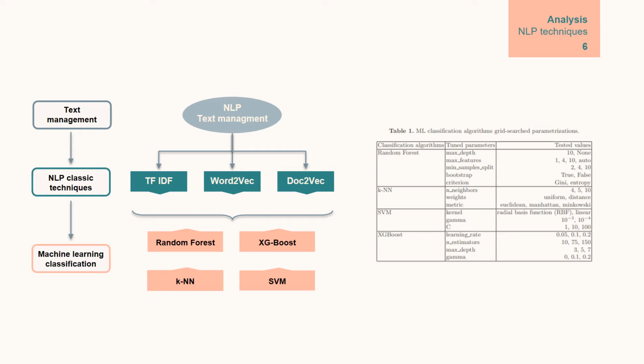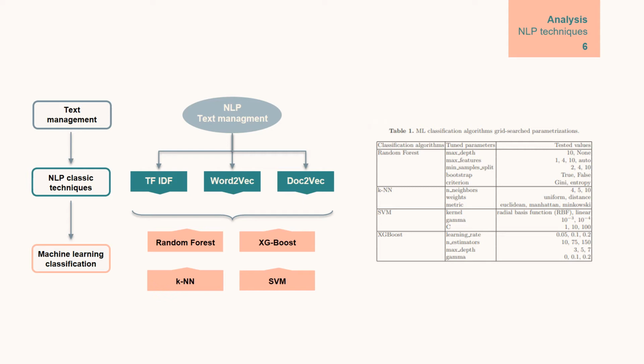This slide demonstrates the structure of the architecture developed for the NLP techniques, where we have a first stage of natural language processing text management in terms of text lemmatization, stop word removal, and cleansing of all kinds of punctuation, spaces, and so on. In a second layer, three kinds of classic natural language processing algorithms were implemented, which are mainly, as said before, TF-IDF, word2vec, and doc2vec.